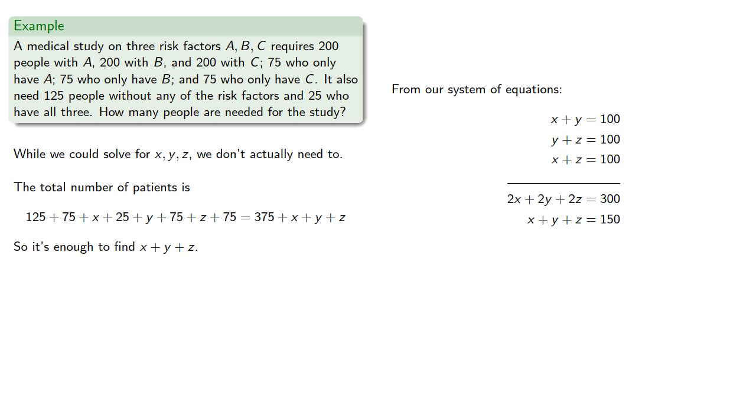And so we know the sum of X, Y, and Z without actually needing to know what X, Y, and Z are individually, and so we can find the total number.